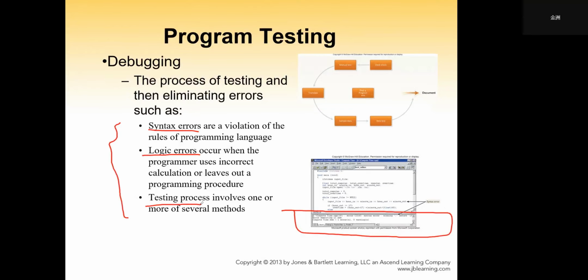Firstly, a violation of the rules of the programming language. Second, it may occur when the programmer uses an incorrect calculation or leaves out a programming procedure. We may get some logic errors.